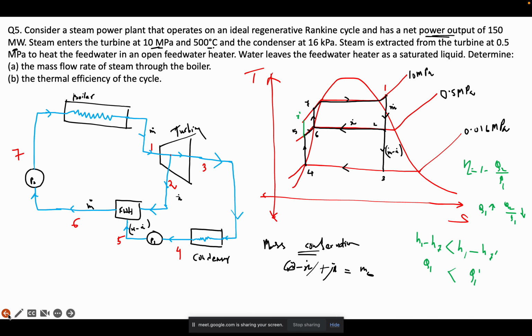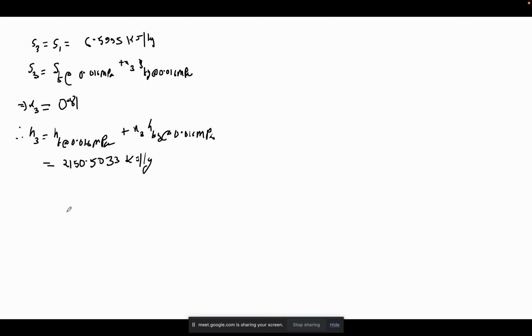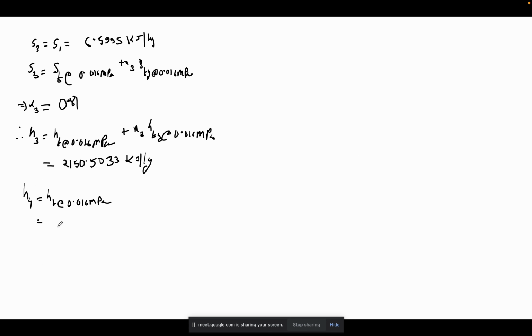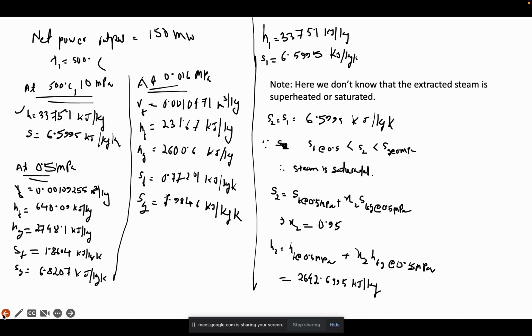Then now what I need is H4. H4 is nothing but HF at 0.016 megapascal. Okay, so what is this? HF at 0.016 megapascal is 231.67 kilojoule per kg.